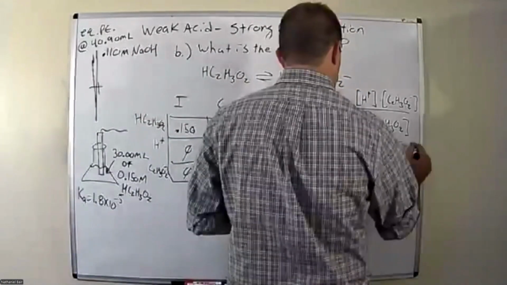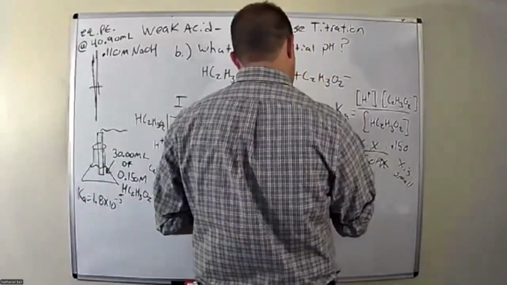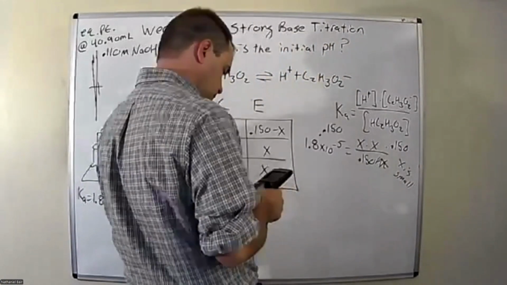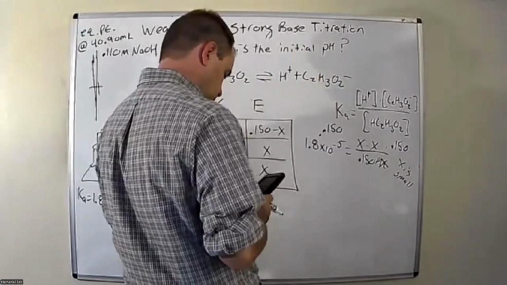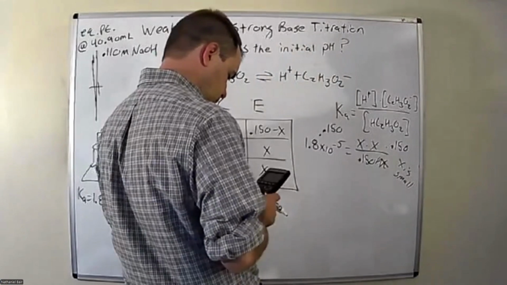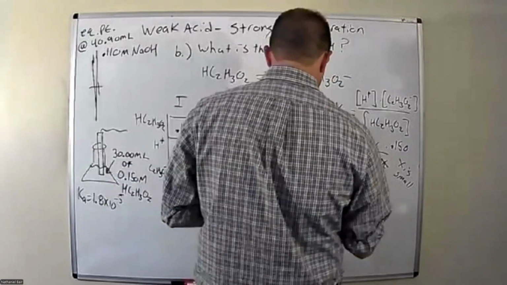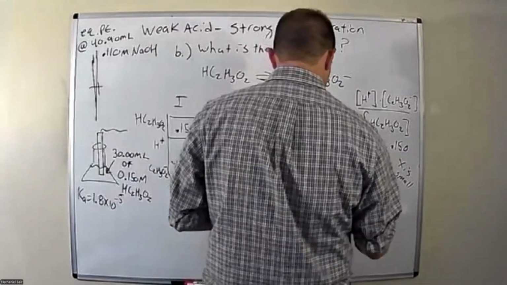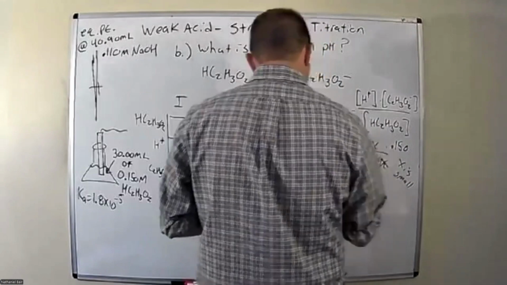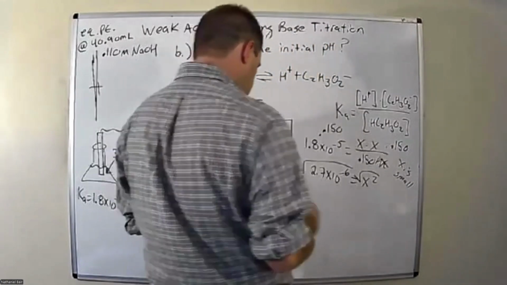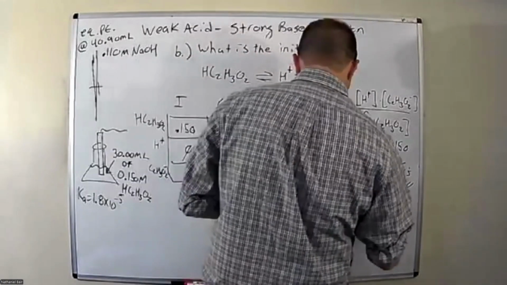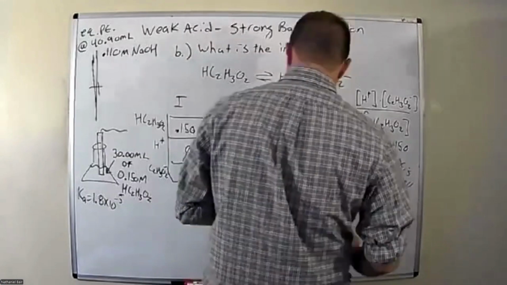Multiply both sides by 0.15. We get 2.7 times 10 to the negative 6 equals x squared. Take the square root of both sides. X equals 0.0016.